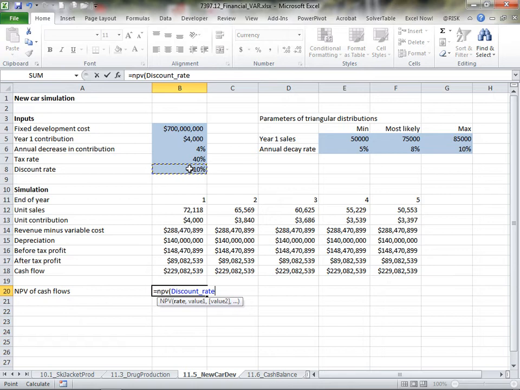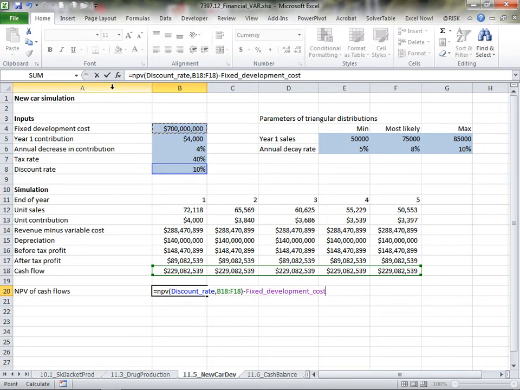Do I need to divide that by anything? Multiply it by anything? Probably not. 10% looks like an annual rate, doesn't it? So I'll just keep it like that. And then take all these cash flows across here. And I'm done, right? I have to recognize my initial cost. And my initial cost is the fixed development cost.